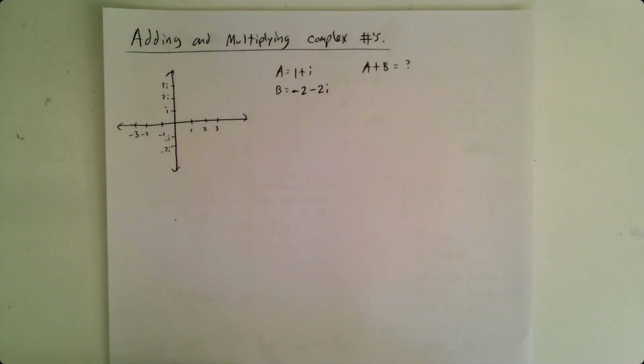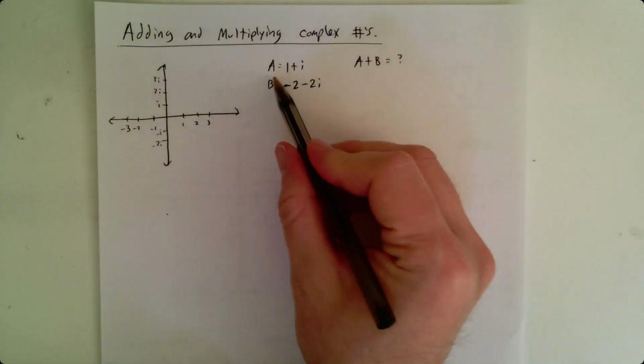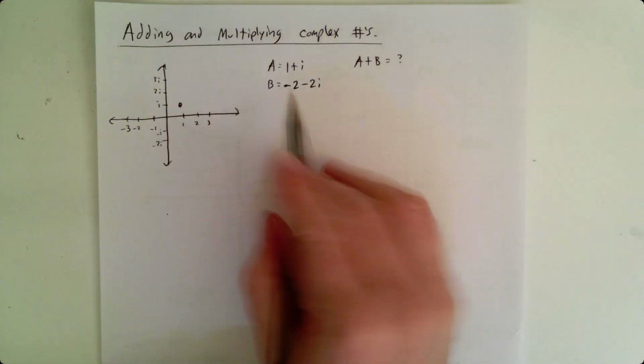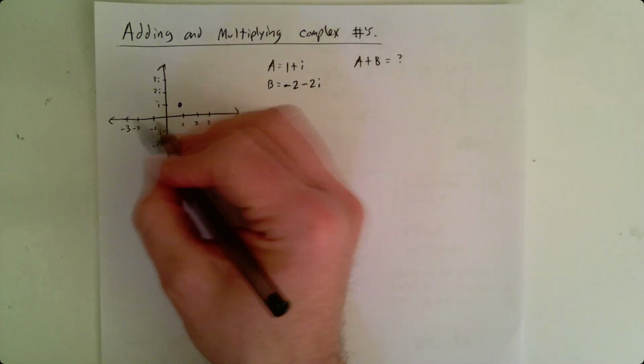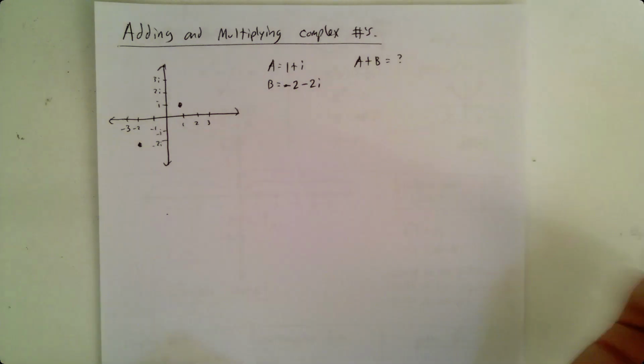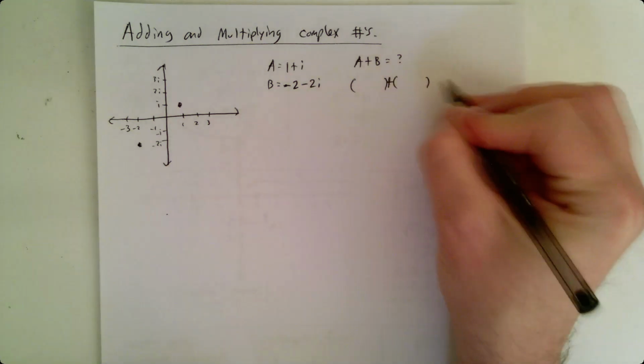Okay, we'll end the video by reviewing how you add and multiply complex numbers together. So if I have a complex number, 1 plus i, which would be here on the complex plane, and another number, -2 minus 2i, which would be here on the complex plane, you add them with their separate components separately.